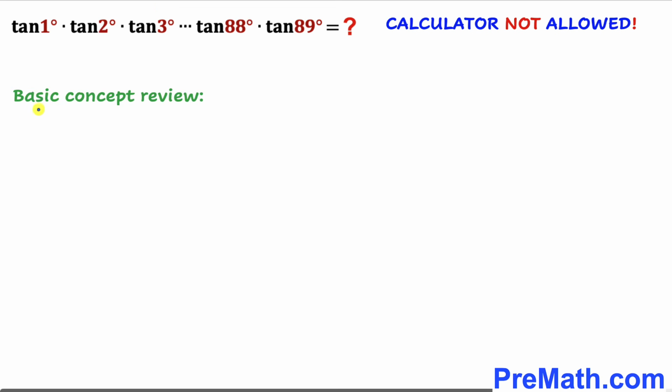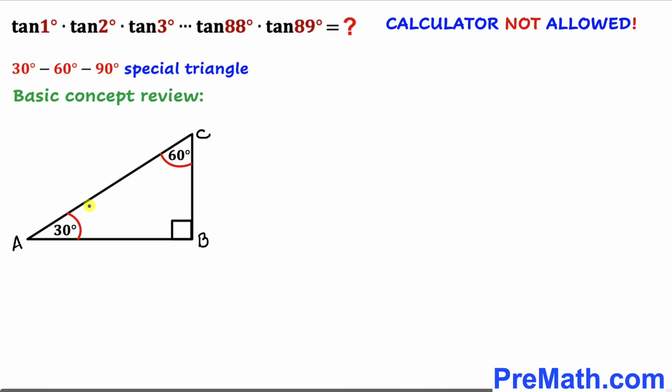Before we proceed any further, let me go over the basic review. We are going to focus on this triangle ABC, and we can see this is our 30, 60, 90 special triangle. Here 30 degrees is our smallest angle, whereas this 90 degrees is our largest angle.